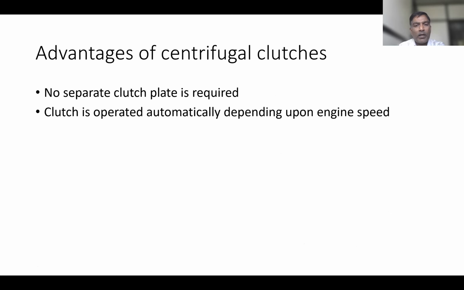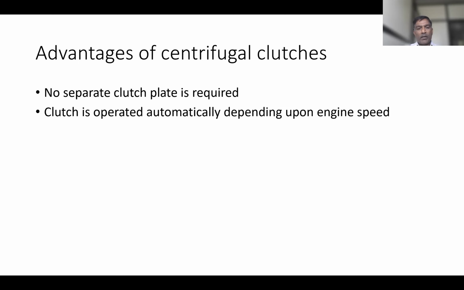So what are the advantages of the centrifugal clutches? No separate clutch plate is required. Again, the clutch is operated automatically depending upon the engine speed. So we are accelerating the engine speed.